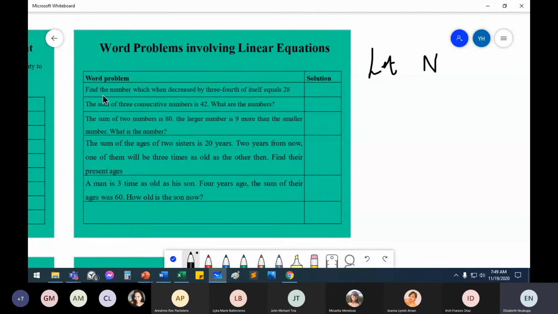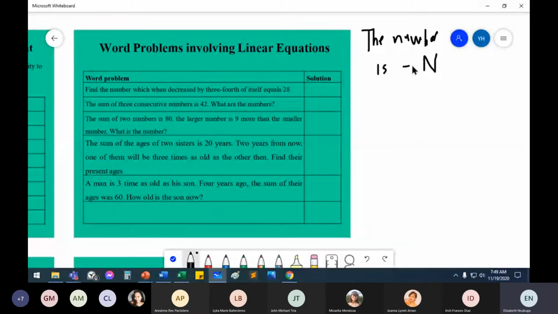So n decreased by 3/4 of itself equals 28.